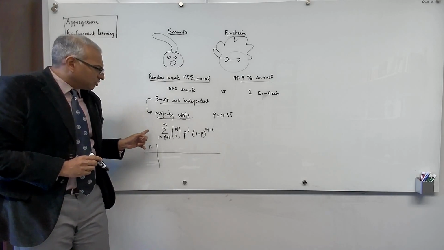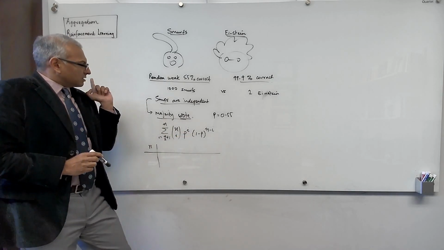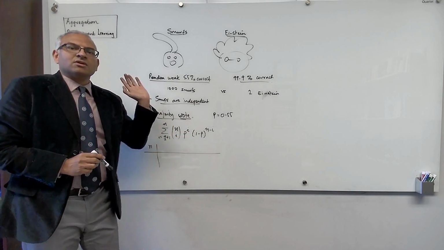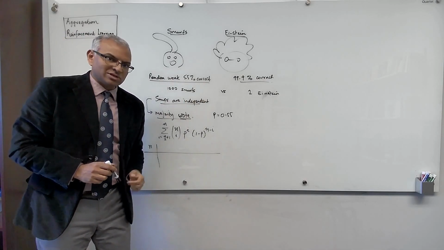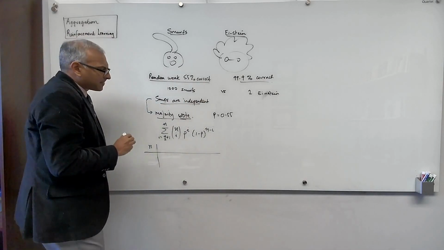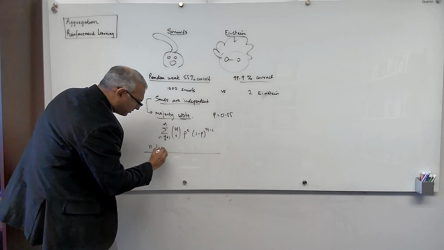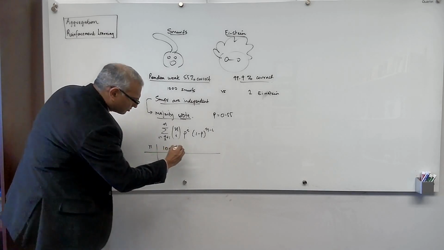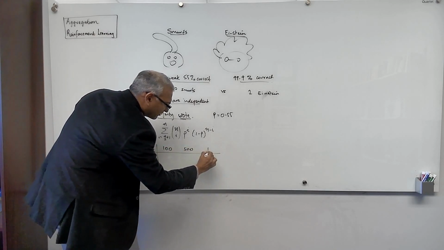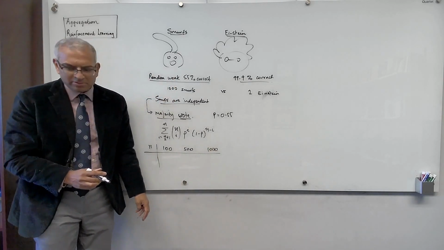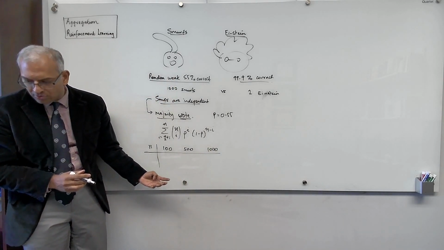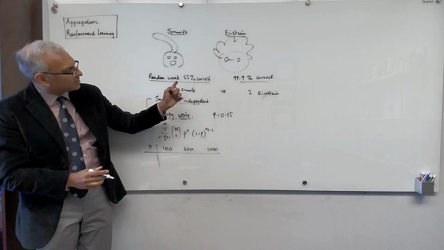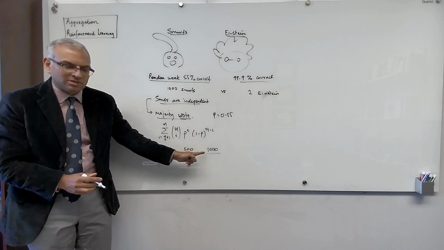But let's say you compute this number, the probability that n Smurfs give you the correct answer when you take a majority vote. And you will find, let's say for n equals 100, let's do 500, and let's do 1,000. It shouldn't come as a surprise to you that I picked the 1,000 Smurfs to illustrate the point.